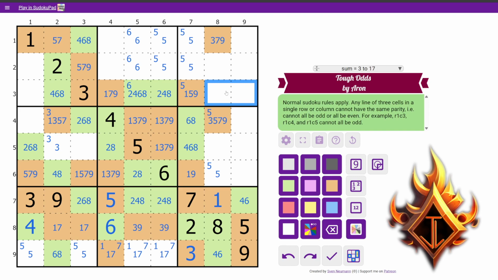Oh, one of these being even will mean this is odd. So that is even. That is still 6, 8. One, 2, 3. I'm just getting little bitty pieces of help. But it is getting there, I suppose.